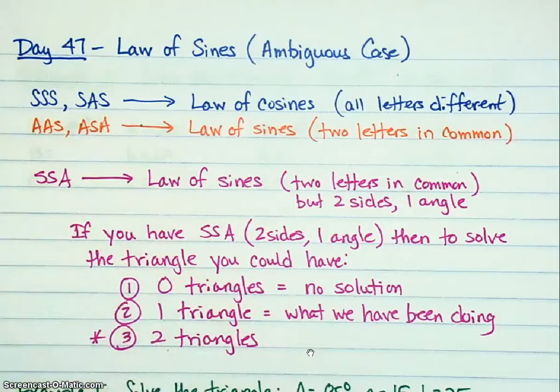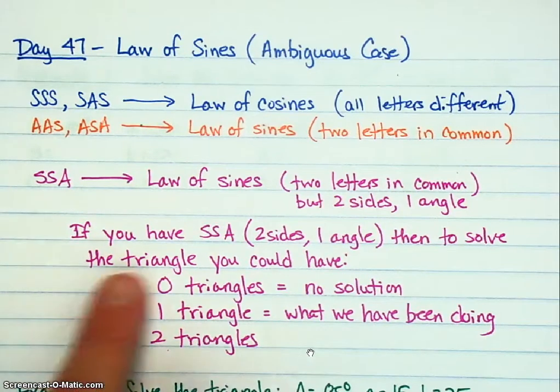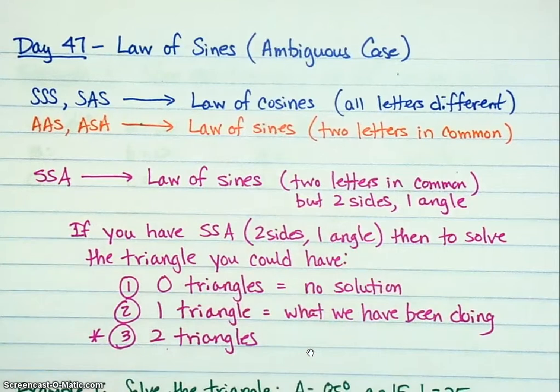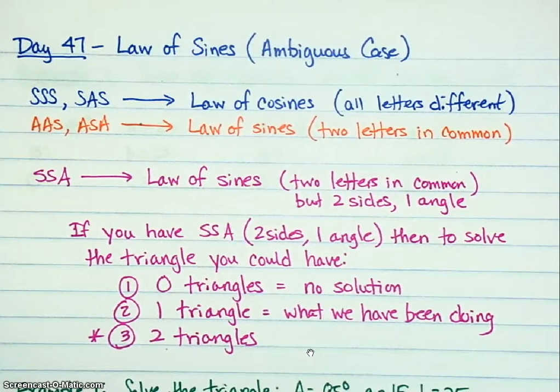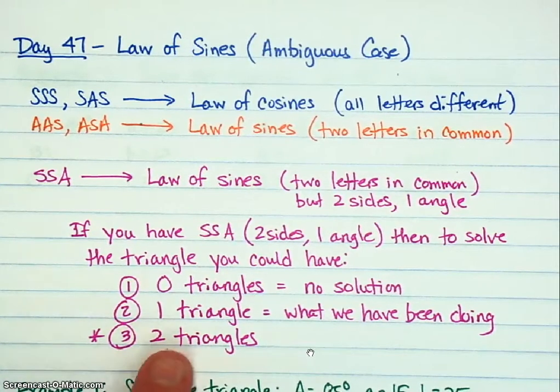If you do have this case, then we have to do the problem a little bit different than what we've been doing, because if you have side-side angle, which means two sides and one angle, then this is all of your possibilities for your solutions now. So you could have zero triangles, which means you'd get no solution. You wouldn't work that problem any different than what we've been doing. You could have one triangle, which is the same type of problem that we've been working, but then this new case is going to come into play, which is two triangles.